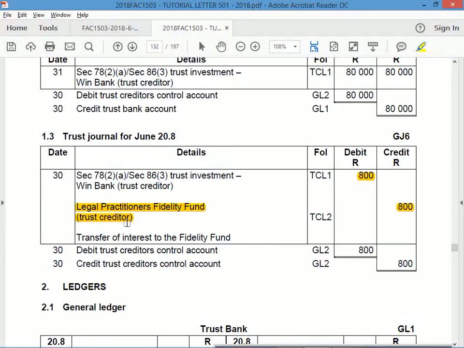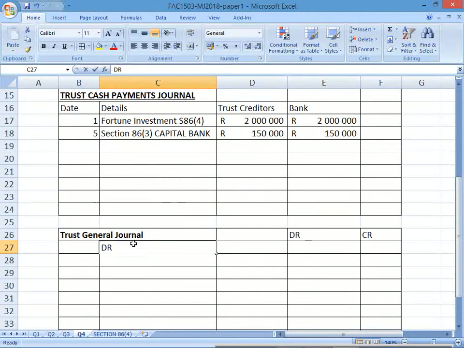That was the fund, and that was the trust creditors. Okay, so the investment is what's being debited.